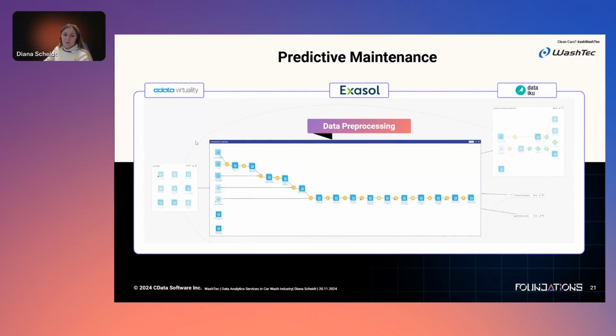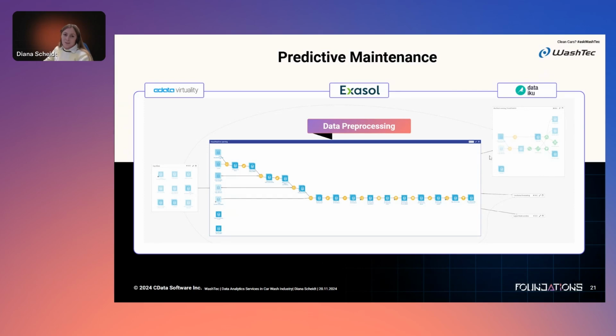And how it looks in the machine learning application, we use dataiku for that. So in the background, we have a lot of data pipelines with CData Virtuality, and we have Exasol. And here, as you may see, the flow in dataiku to be able to generate a data set and then to use a model to predict if a machine's gearbox is in an okay status or not.